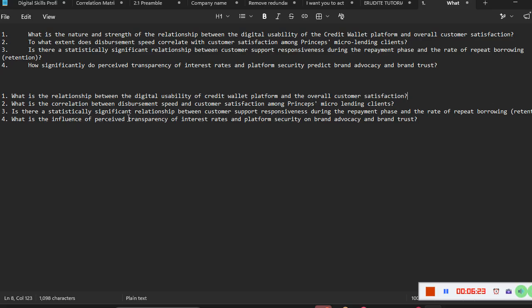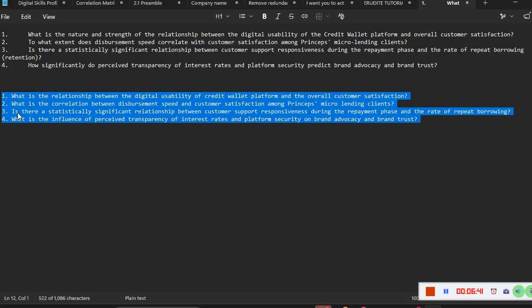Is there a statistically significant relationship between customer support responsiveness during the repayment phase and the rate of repeat borrowing? Even this one, I can also change it and say, what is the statistically significant relationship between customer support responsiveness during the repayment phase and the rate of repeat borrowing?